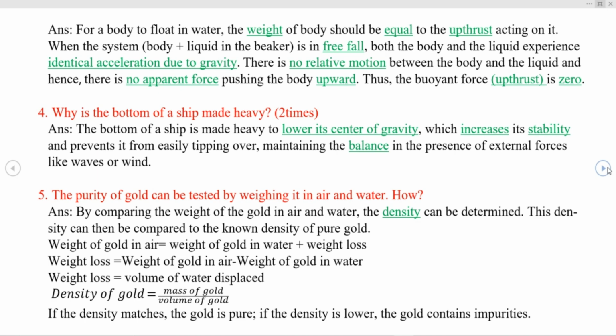So the weight of the gold in air is equal to the weight of the gold in water plus the weight loss, and the weight loss will be equal to the weight of the gold in air minus the weight of the gold in water. And we know that the weight loss is equal to the weight of the water displaced, and we also know that the density of gold is equal to the mass of gold divided by the volume of gold, and if the density matches, the gold is pure. If the density is lower, the gold contains impurities.